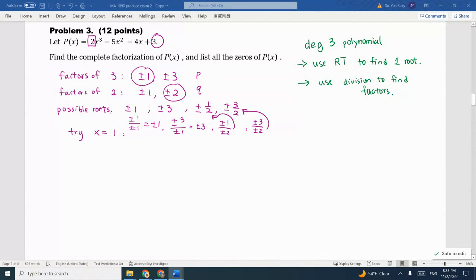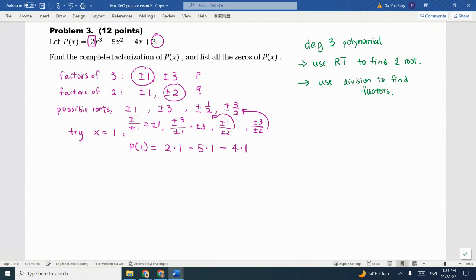Yes. Okay, so we try x equals 1. P of 1: we plug in x is 1, and we have 1 cubed, which is 1, right? Minus 5 times 1 squared, and 1 squared is 1.